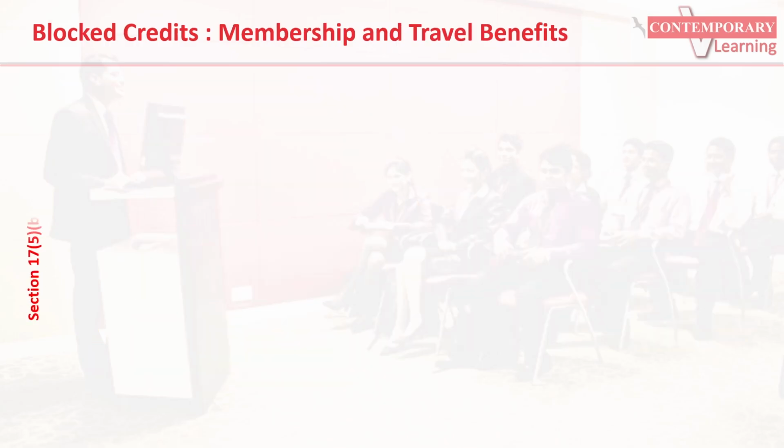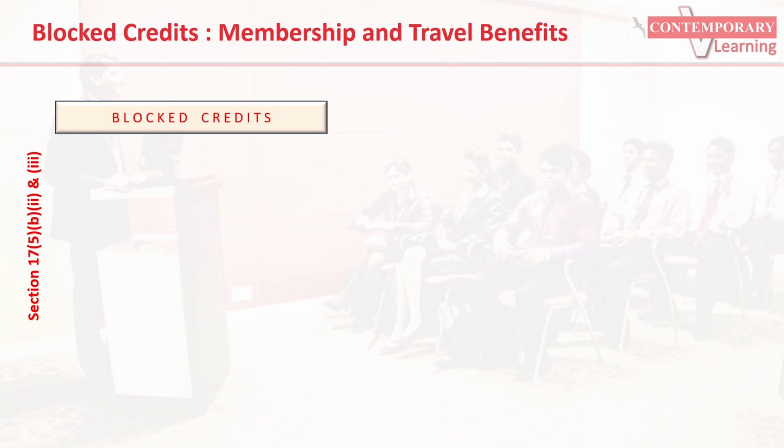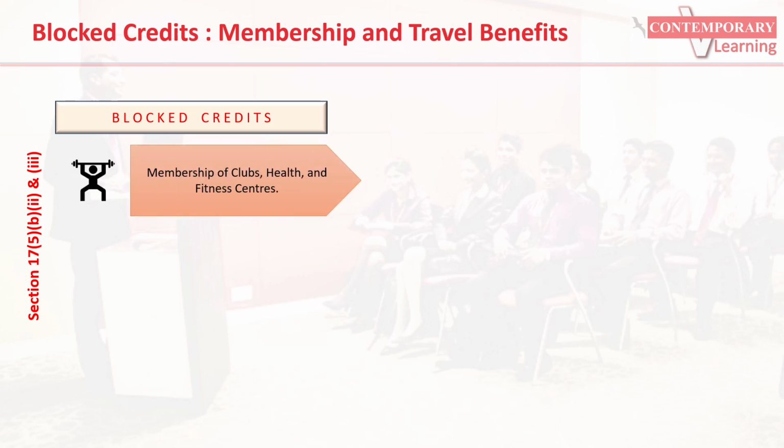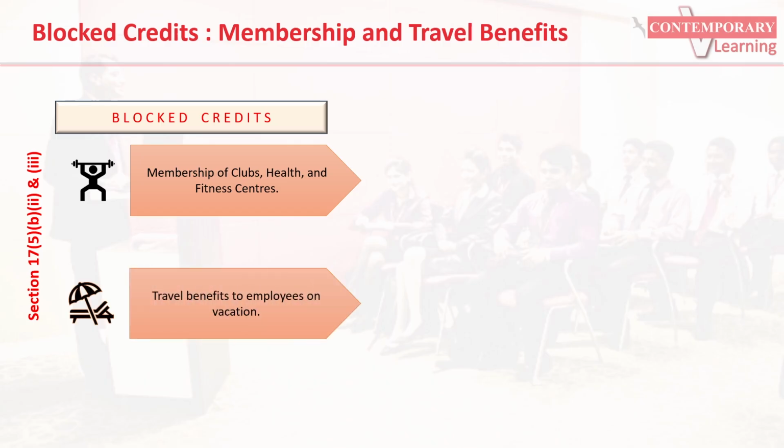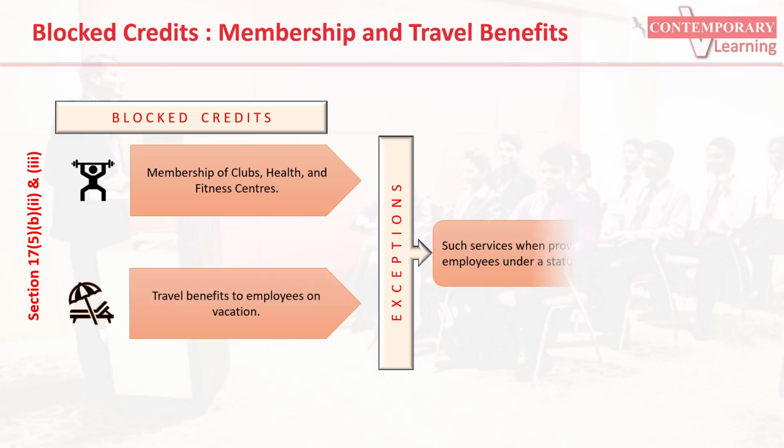Let's look at 2 more specific blocked credits. First, membership of clubs, health and fitness centers. The ITC on these is blocked because they are typically seen as providing personal benefits rather than business benefits. However, there's one exception.